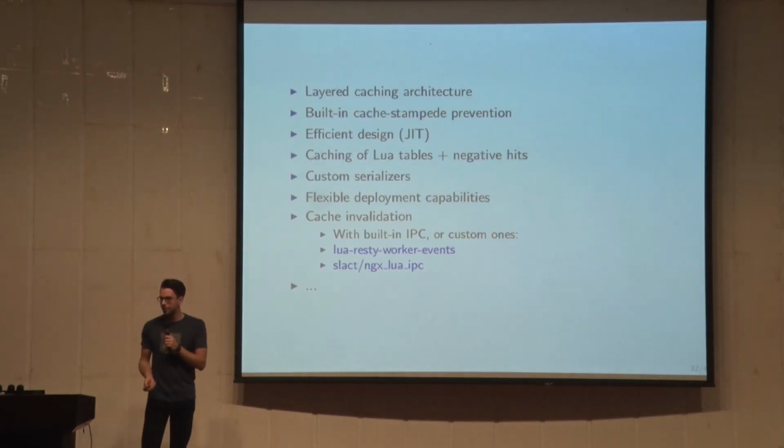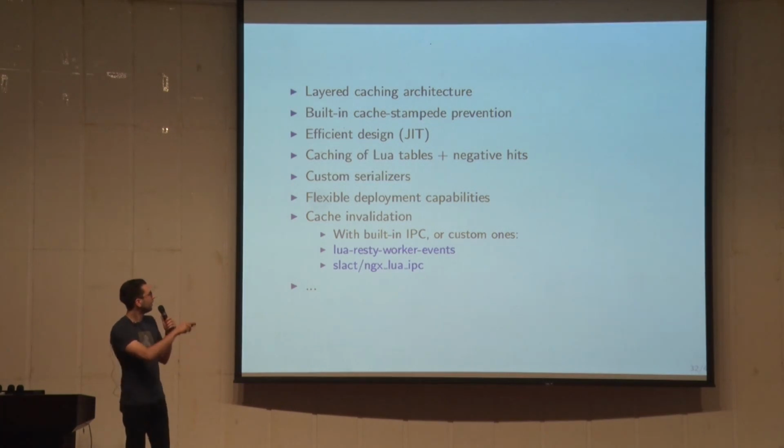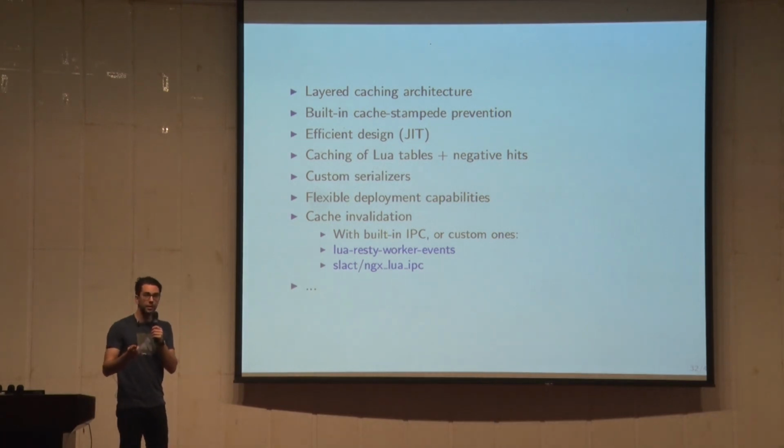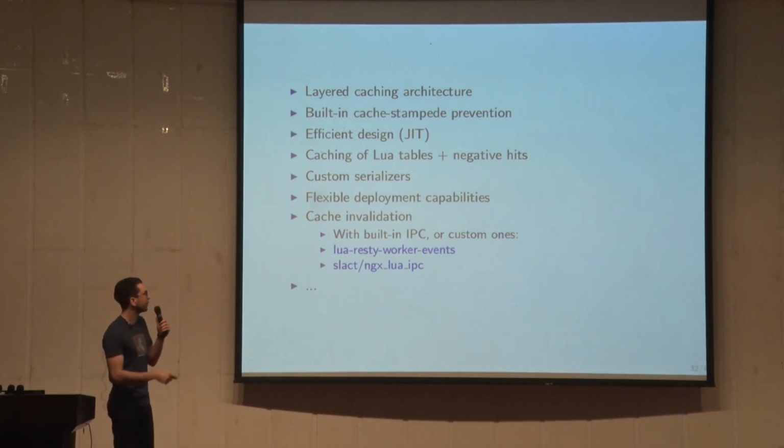Cool. Yeah, cache invalidation with built-in worker inter-process communication. But like I said, it is already something that you can augment as of today.